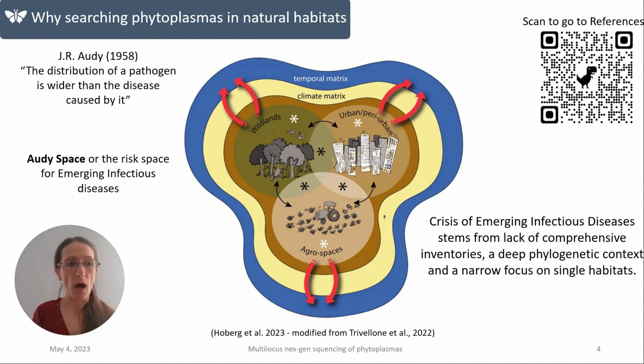As you can see from this picture, we have three habitats: agrospaces, urban habitats, and wildlands. And then the interfaces among them where there is a potential for pathogen circulation. All of this is driven within a matrix of time, the blue buffer here, and within a climate matrix, the yellow buffer, that are influencing the structure of the interfaces.